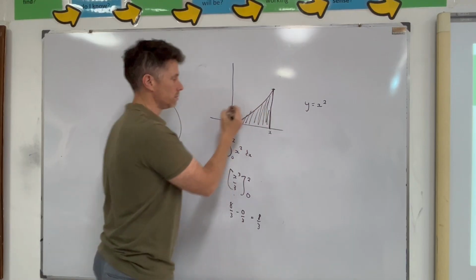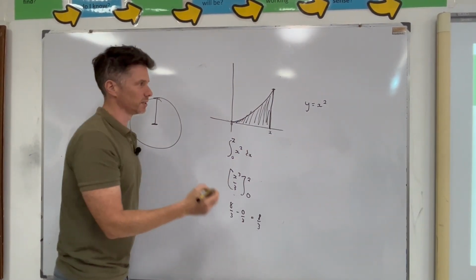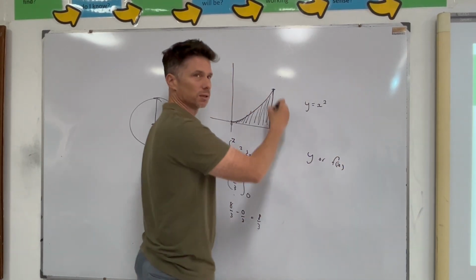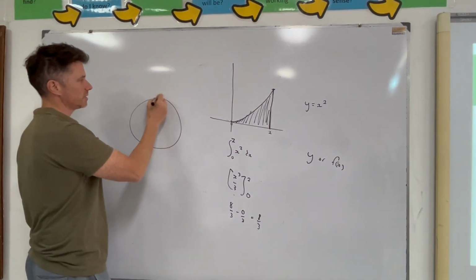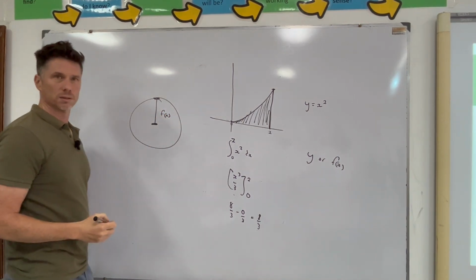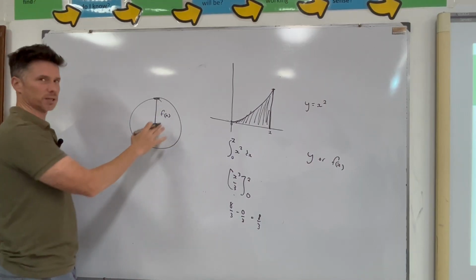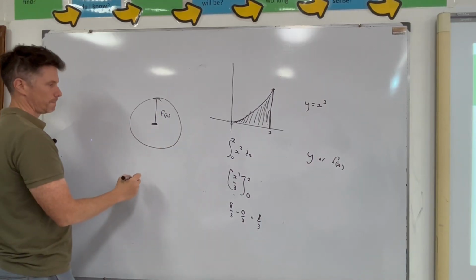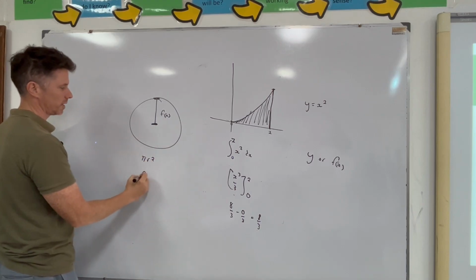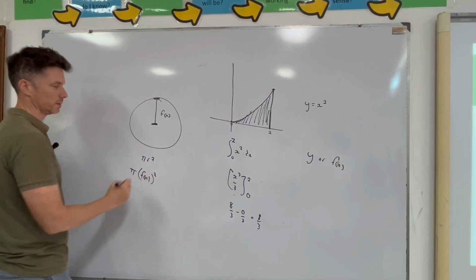So what's another term for the y value? As in, we can write y or we can write f of x. So this all the way down along is constantly changing as f of x. So what's the area of just this end circle, if I call this bit f of x? It's f of x squared times pi.